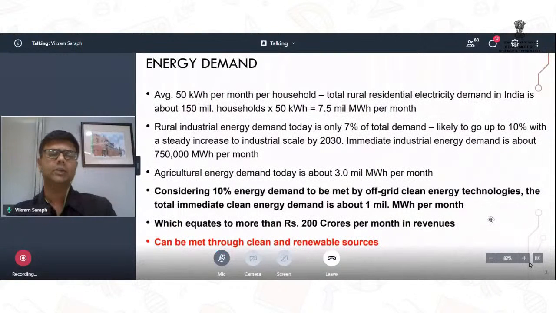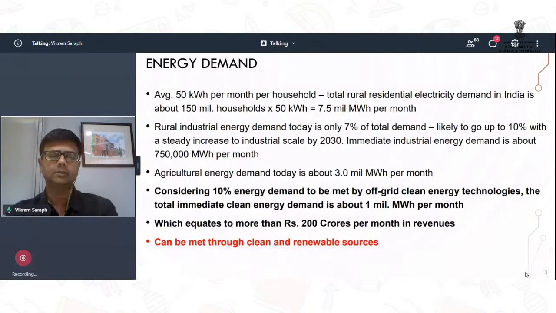But these statistics that I've put in front of you clearly showcase a wide gap or the market size for small enterprises to fulfill by just providing good quality, reliable, perpetual energy.